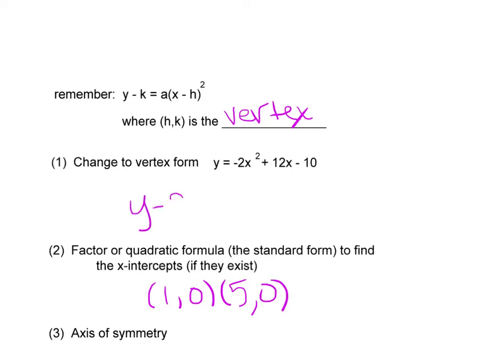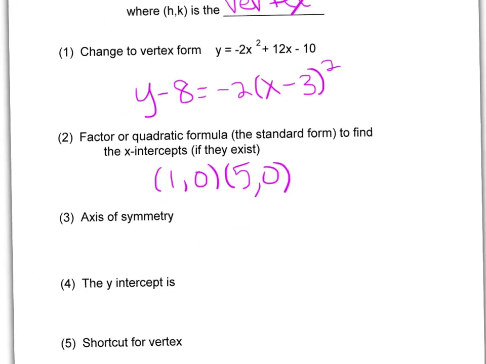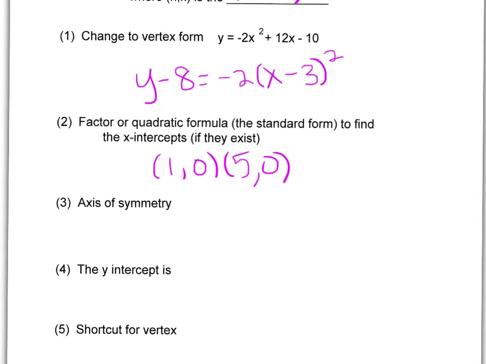We had y minus 8 equals negative 2 times x minus 3 squared. Now we also had the axis of symmetry, which is at x equals 3. We had a y-intercept of 0, negative 10. We talked about the shortcut for the vertex, negative b over 2a, all that. So that was all the review stuff.